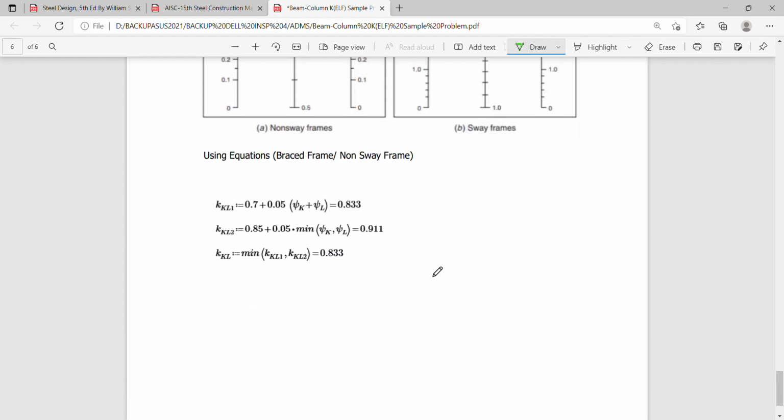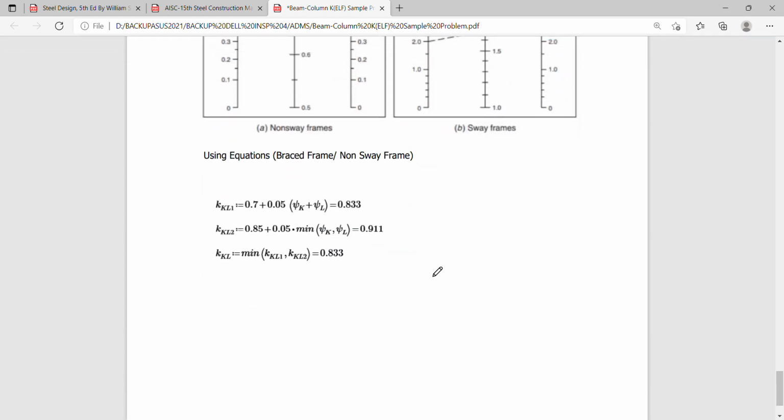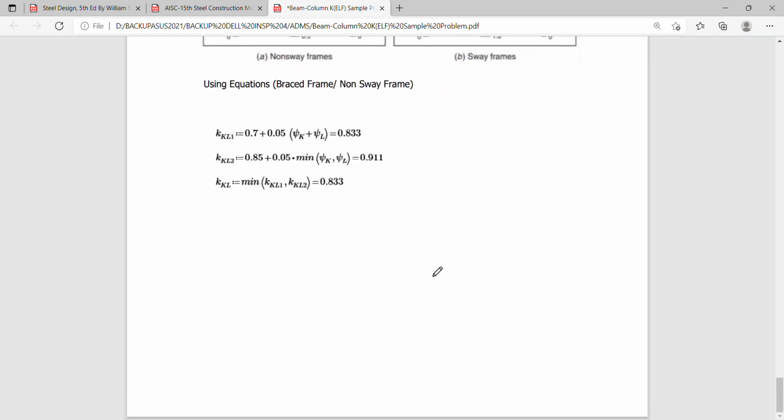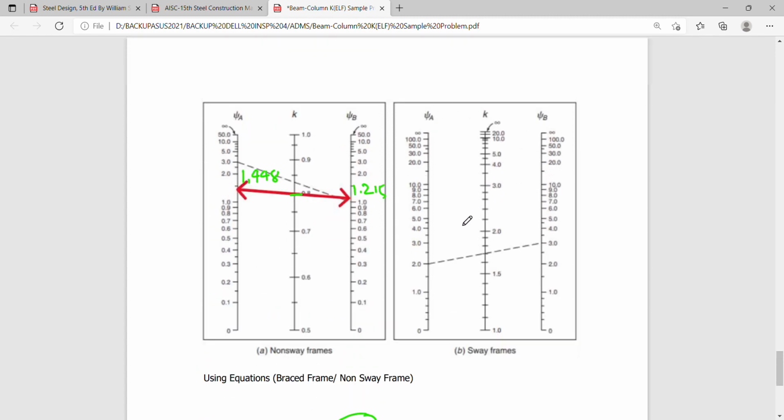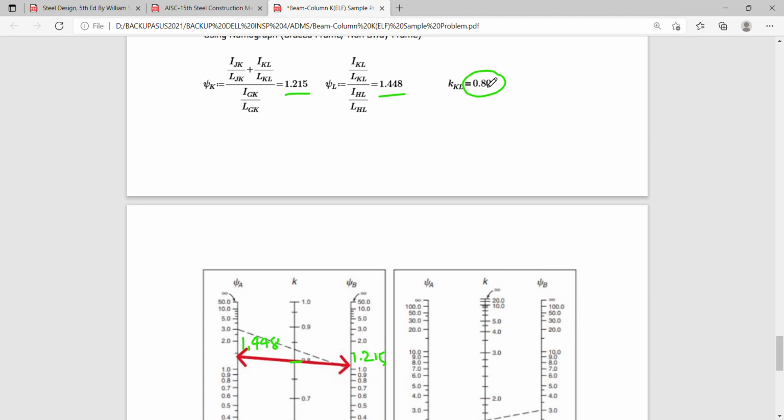And for your equation, okay, we again compare the two equations here for K1 and K2 and take the smaller value. 0.833 will be the value for your K KL using the equation. So it is again slightly higher than 0.80.